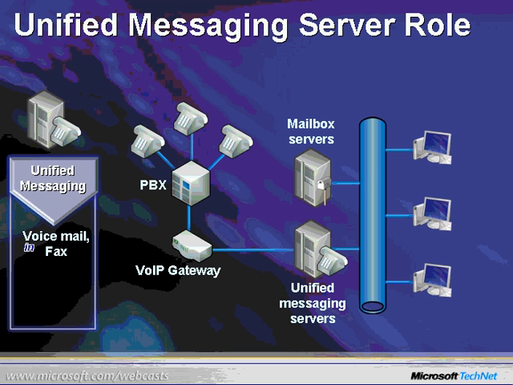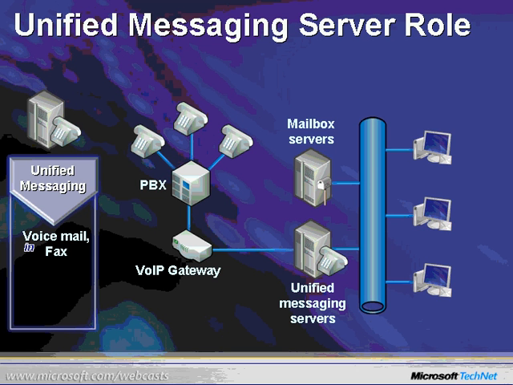So if I want to receive a fax, if you look at my scenario, my phone number is 425-706-3501. If you dial that, you get my voice line. You can leave me a voicemail.